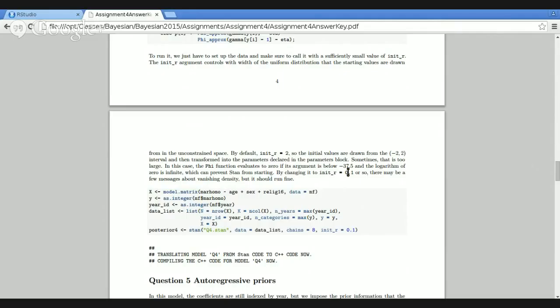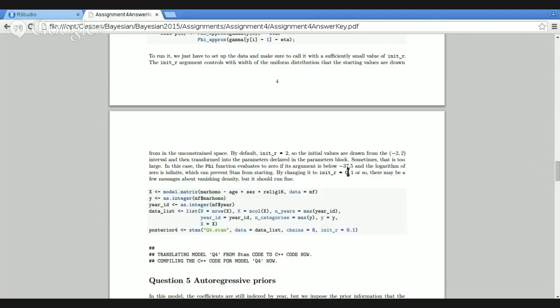So this is a limitation of the implementation of the standard normal CDF in Stan. So I think the best thing to do would be to fiddle around with the init R. And if that doesn't work, then there's also an option that we haven't talked about of giving it specific starting values.